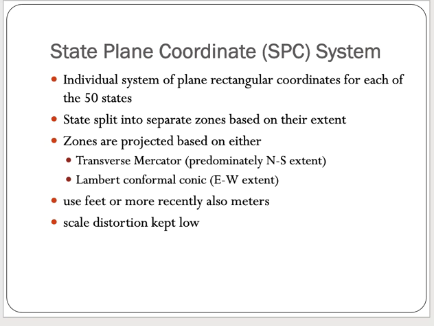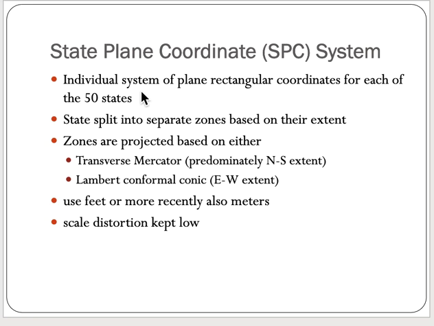Next, we have the state plane coordinate system, and so basically, the system is for specifying positions using planar rectangular coordinates. So it's an individual system of plane rectangular coordinates for each of the 50 states.